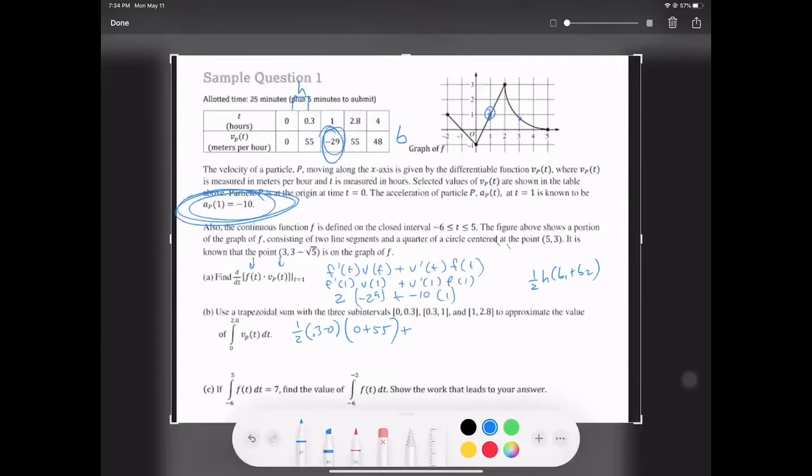Plus 1/2 of 1 minus 0.3, multiplied by our 2 heights, which is 55, and then plus -29, plus 1/2 the last section, which is 2.8 minus 1 times, no, sorry, -29 plus 55. Okay, done.